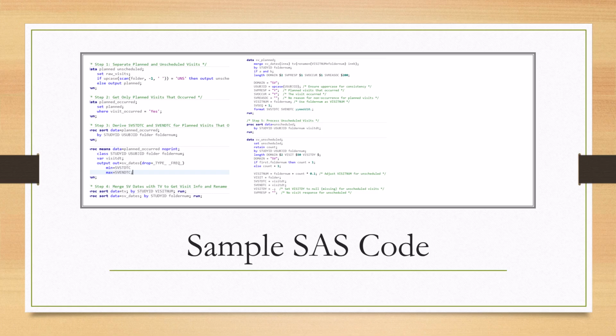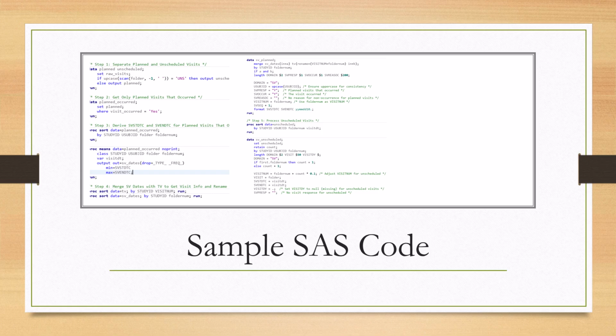Then we use the unscheduled visits, and in unscheduled visits also we sort based on the folder num, which is again the visit num in variables, and using the retain function we calculate the number of unscheduled visits within a particular visit.